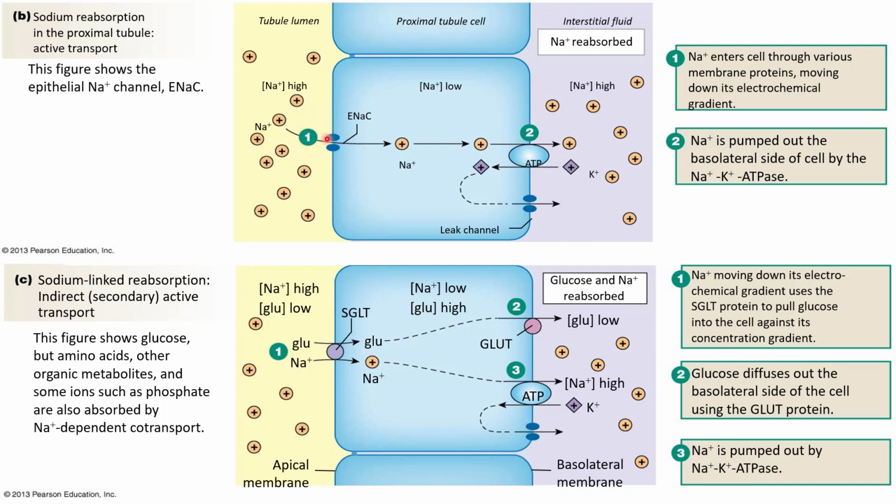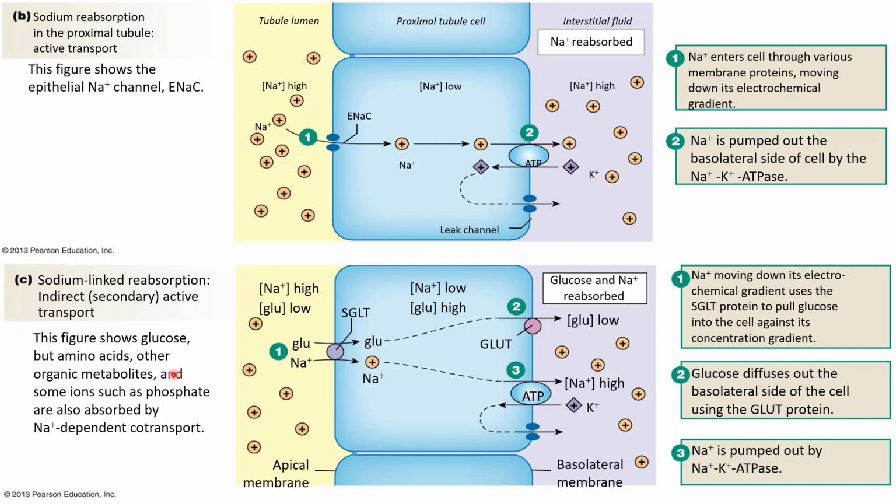Okay, so we move down this channel. Now we have a lower concentration in here. Generally, there's a high concentration in the interstitial fluid. And so we're going to need to pump this out, and we'll use something like the sodium-potassium ATPase pump to pump sodium against its concentration gradient into the interstitial fluid to be reabsorbed into the blood.